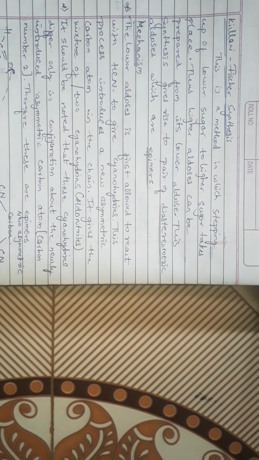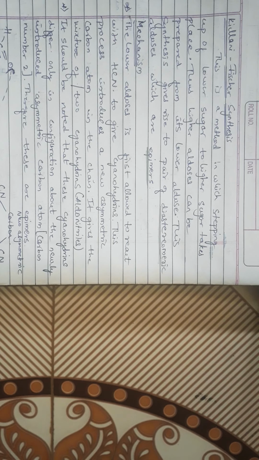These two isomers differ only in the structure around one asymmetric carbon atom. Hence these are called diastereomers, and epimers are those which are non-superimposable mirror images. Okay, so now we study its mechanism.